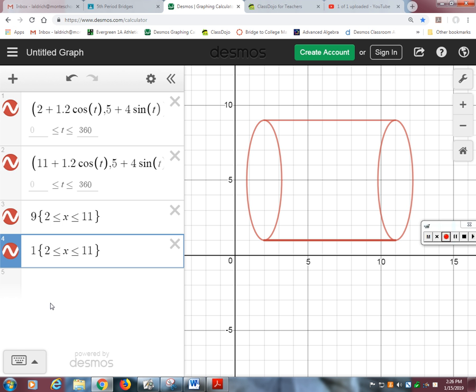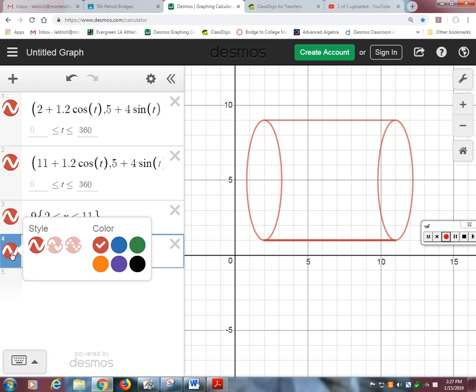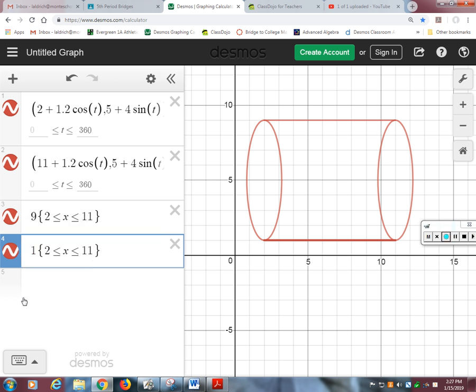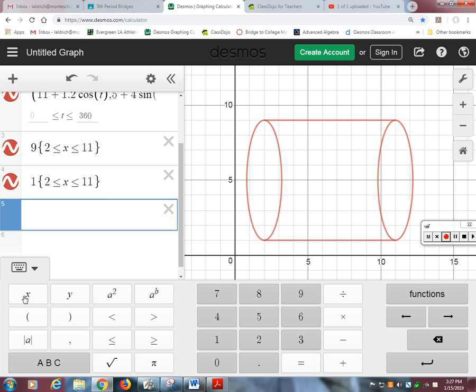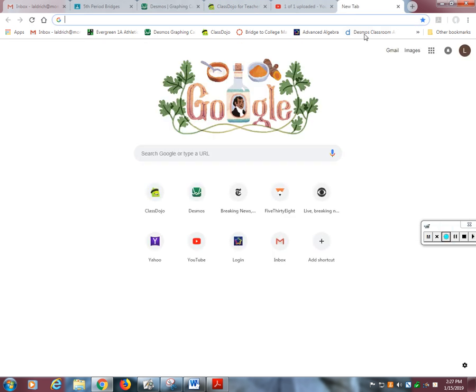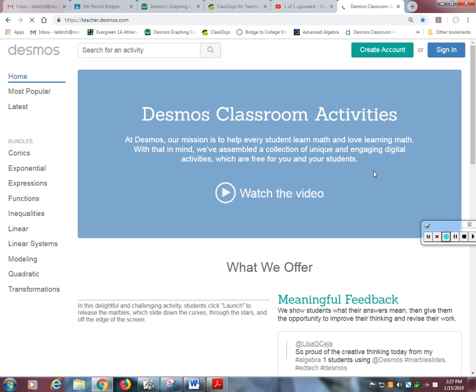Why is it thicker? Did I click on something wrong? I don't think I can change the thickness. Oh, there we go.